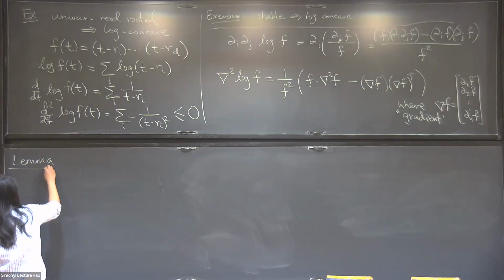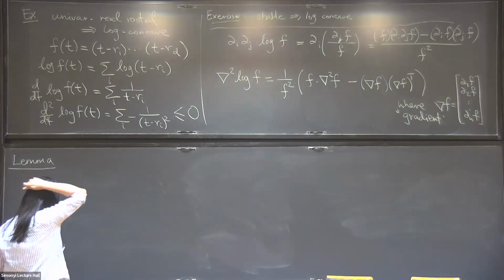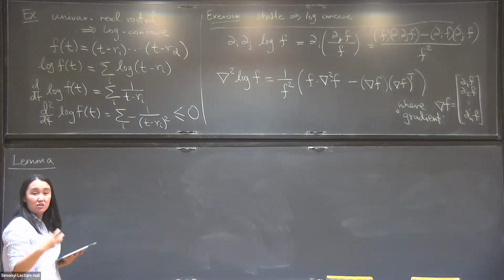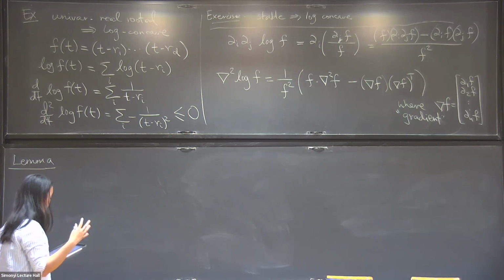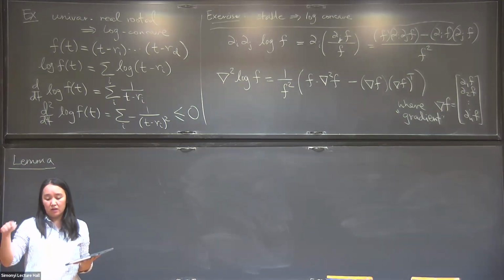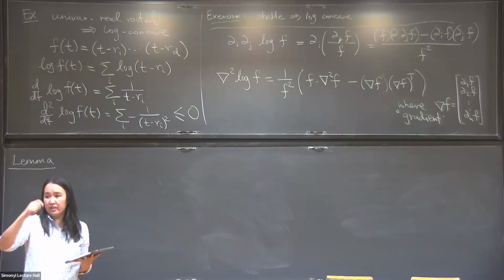So here's a nice lemma that connects log-concavity to matrices with Lorentzian signature, which I love. A matrix with Lorentzian signature is a symmetric matrix whose sign pattern of eigenvalues is like all negatives and a positive, or all positives and a negative.